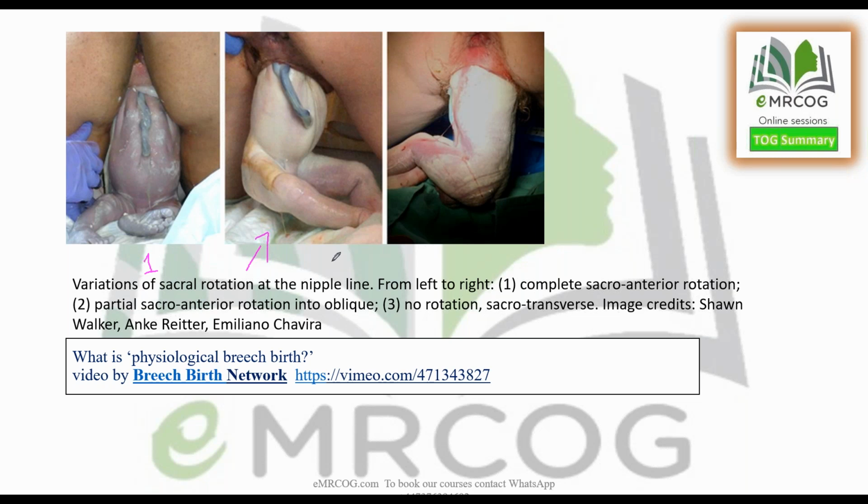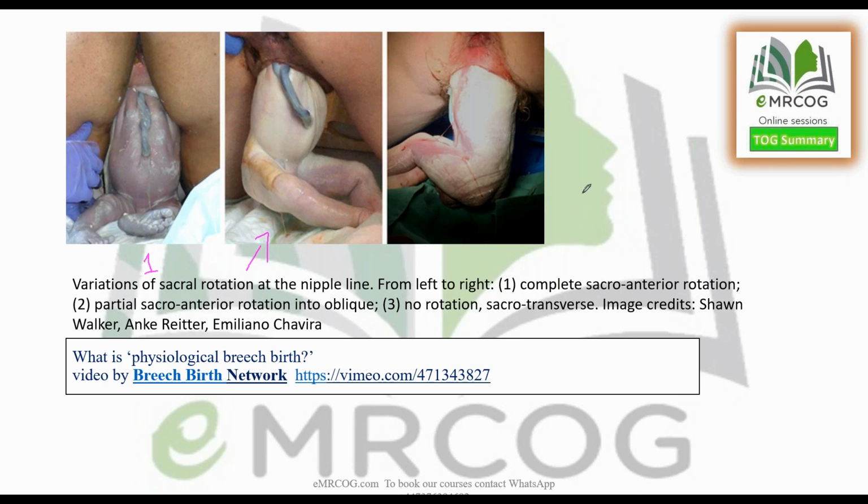They have found that if the baby rotates during the delivery and becomes sacrum anterior, this is associated with less need of maneuvers. Usually the arm will not be stuck and the head will not be stuck. So sacrum anterior is the good position, equivalent to occipito-anterior in the cephalic presentation.